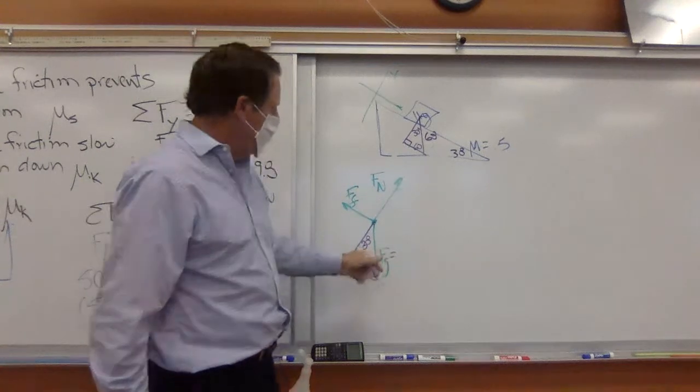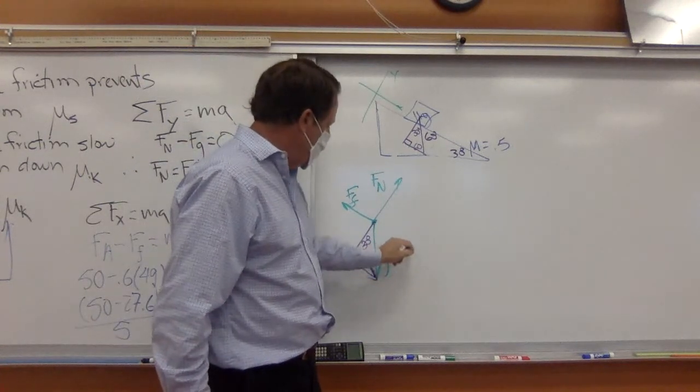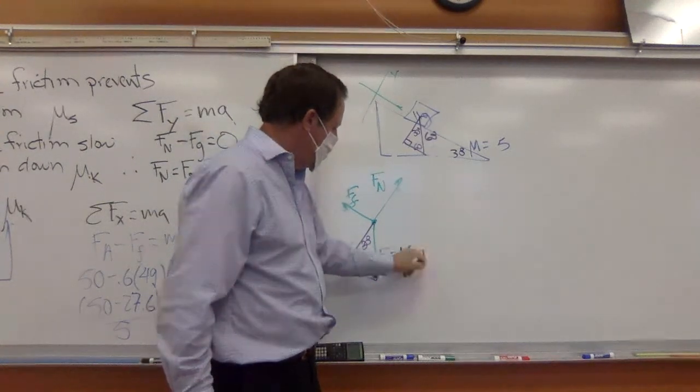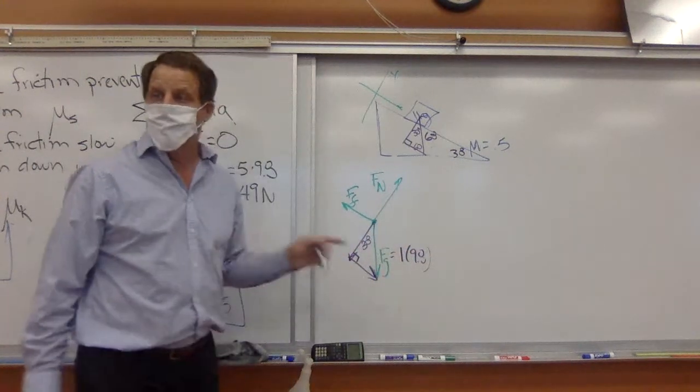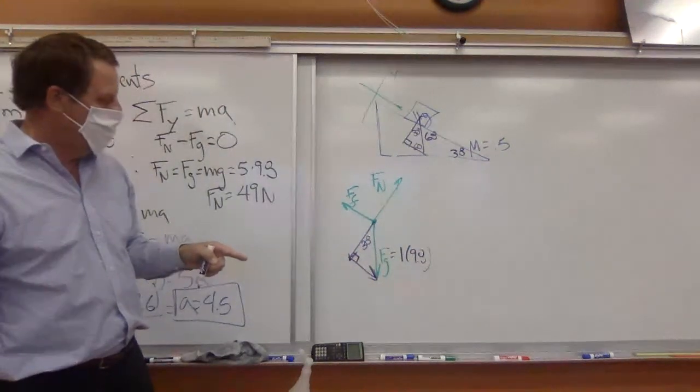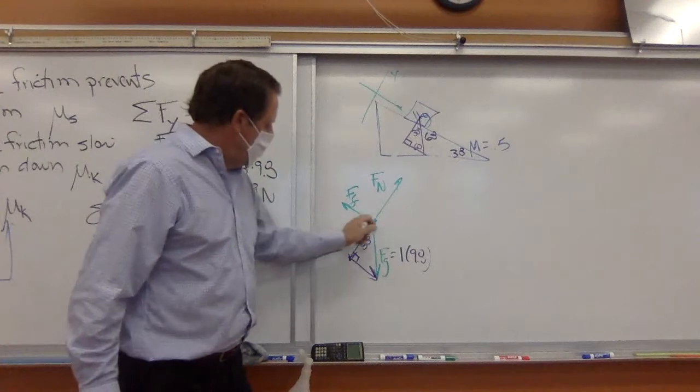So we know that this F of g is going to be 1 times 9.8. mg is our weight.